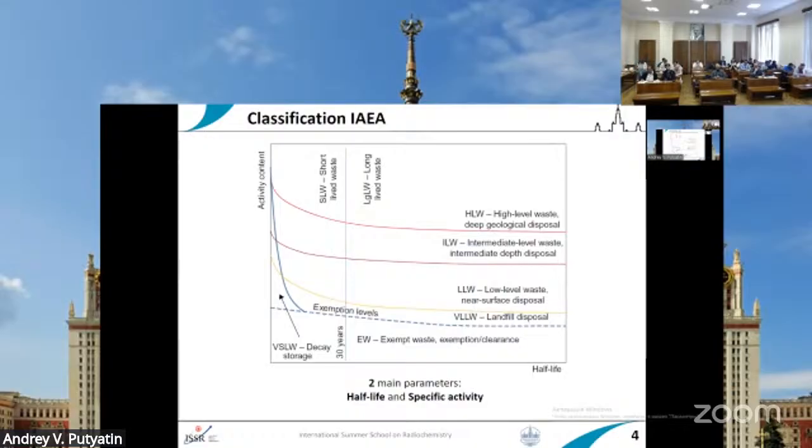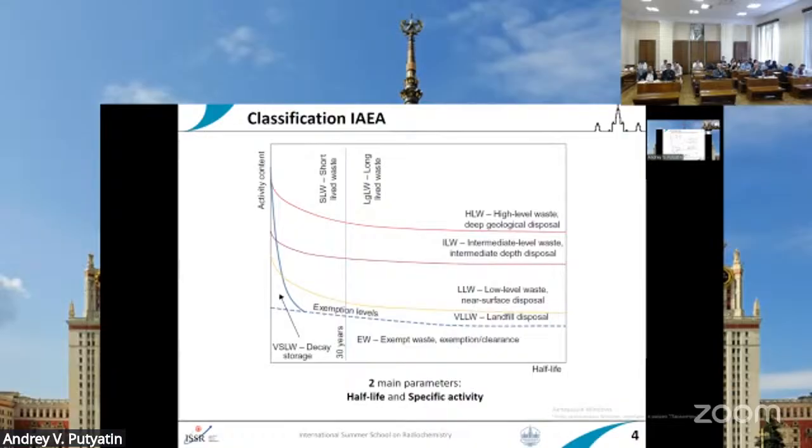So there are limits or borders between low-level waste, intermediate-level waste, and high-level waste. There are recommendations from the International Atomic Energy Agency, but every country establishes its own limits and parameters for the classification of radioactive waste.